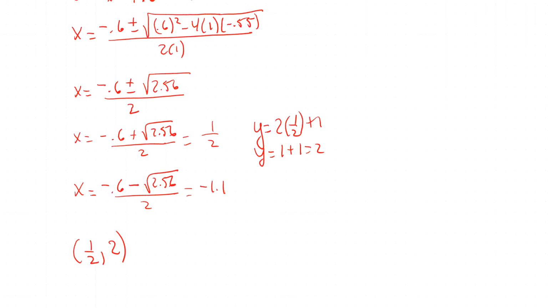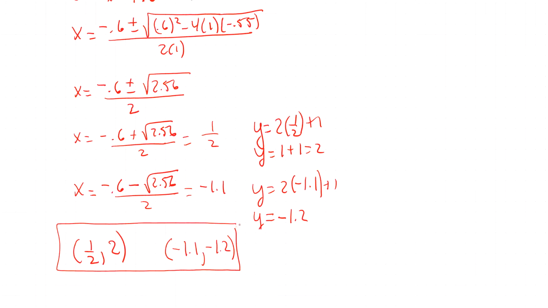Okay, and so then we need to do the other equation, so we get y equals 2 times negative 1.1 plus 1, and so y equals negative 2.2 plus 1, which ends up being negative 1.2. And so for our second intersection, we get negative 1.1 comma negative 1.2. And so this is where the two intersections happen.